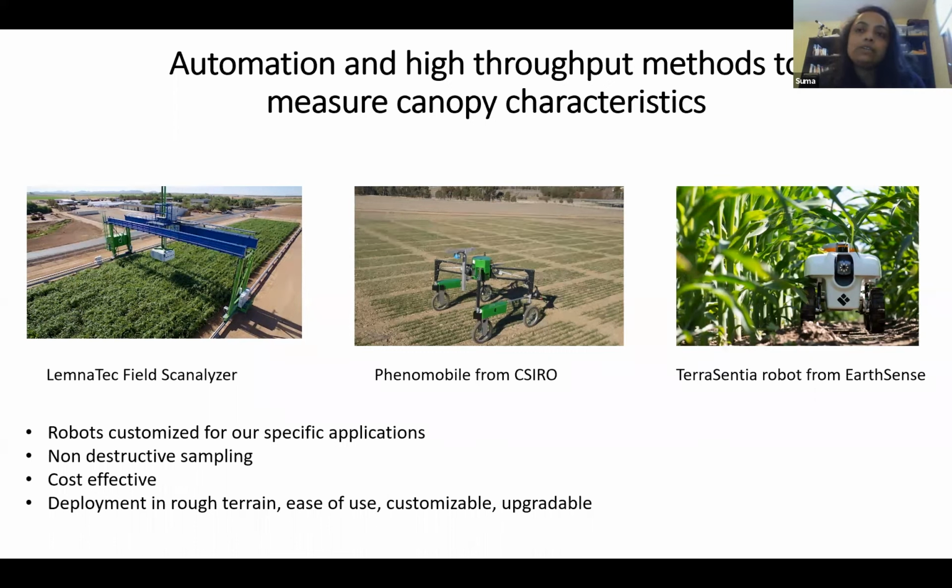So you have these automated processes, but for the most part, at least the first two, what they capture is everything from the top view. So you don't see as much of the canopy from under. For soybean, this is critical because after a certain point, the entire canopy covers and you can't see what's going on underneath. You can't see the branching features.